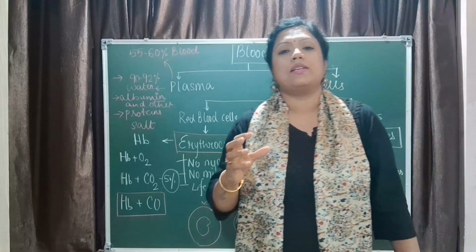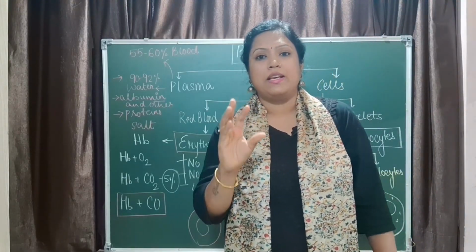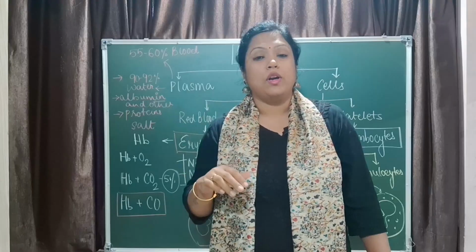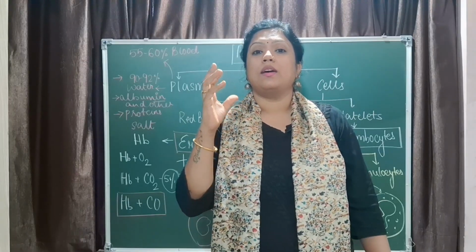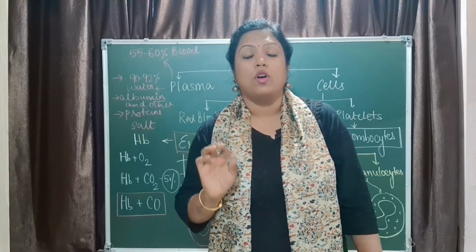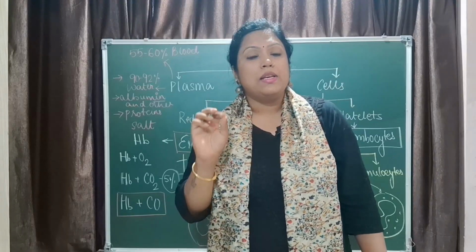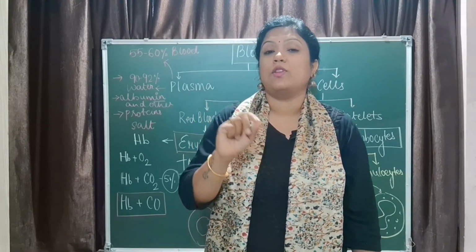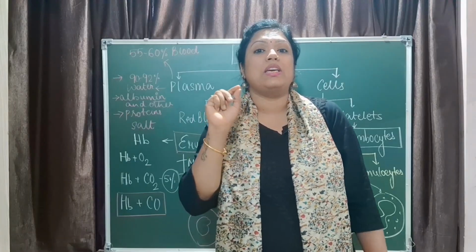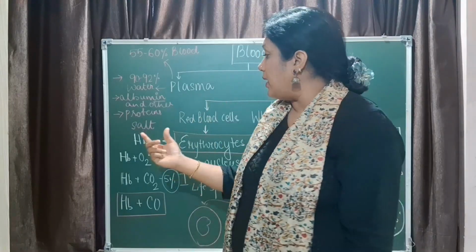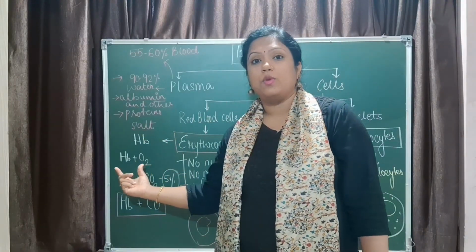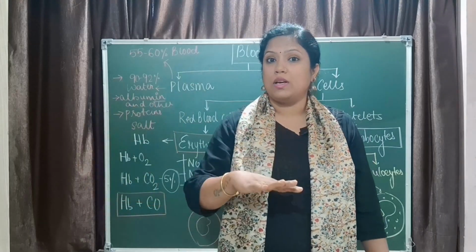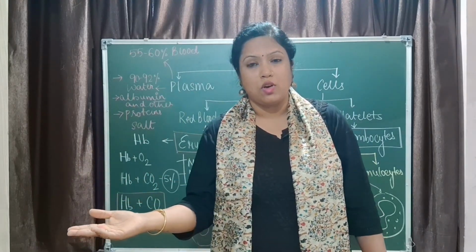Now the red blood cells are biconcave cells flowing in your body which act as a medium for the transport of oxygen. RBC contains a pigment called hemoglobin which combines with oxygen to form oxyhemoglobin and serves as a medium of transport of oxygen from lungs to the different tissues and organs.